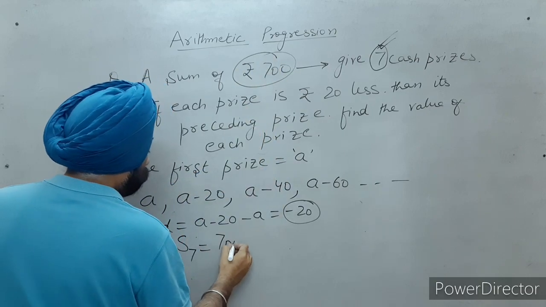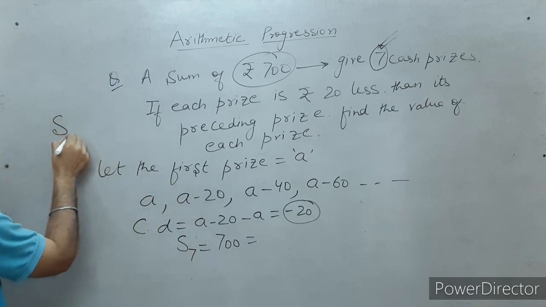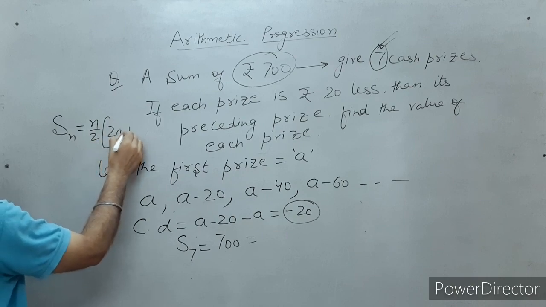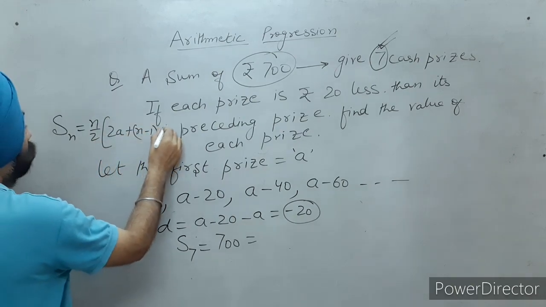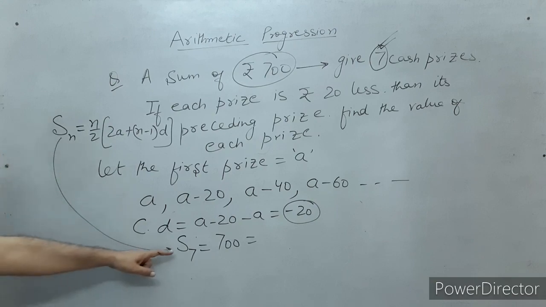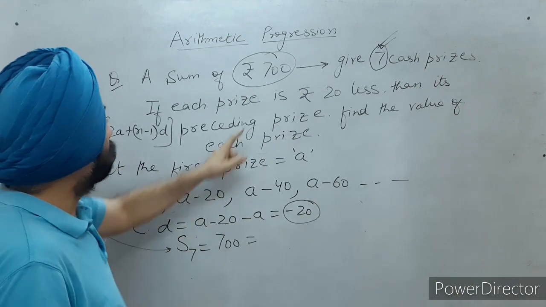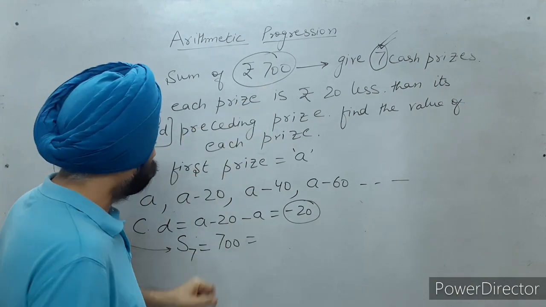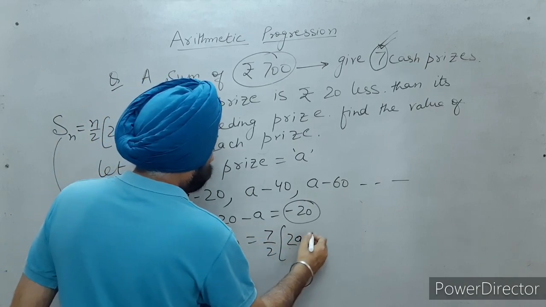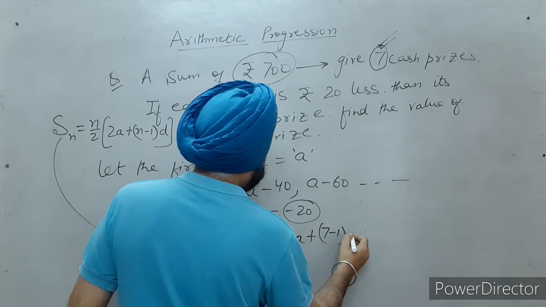Again I am using the formula, S of n is n by 2, 2a plus n minus 1 into d. That is S7, because 7 prizes are there, equals 700, it's given to me, equals n by 2, 2a plus n minus 1 into d, 7 minus 1 into d.